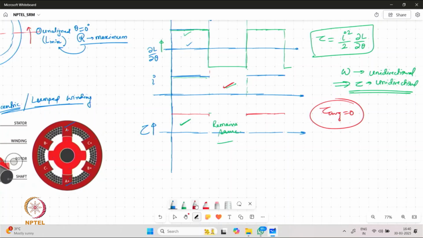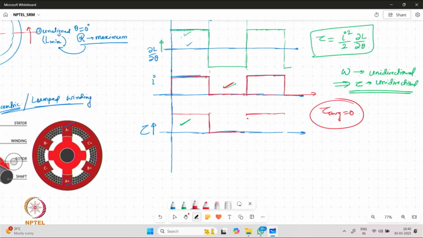So current will be like a pulsed current given for 0 to 90 degree angle, and then it is brought down to 0, and then once again given for the next 90 degree, say 180 to 270 and so on. And the result would be that the torque generated by the system is now going to become unidirectional.